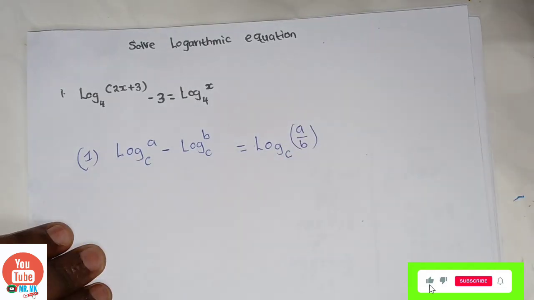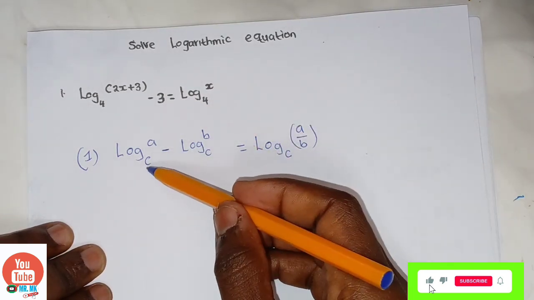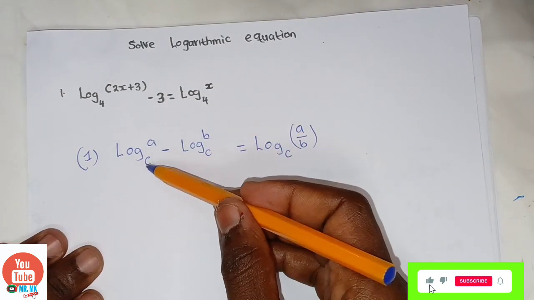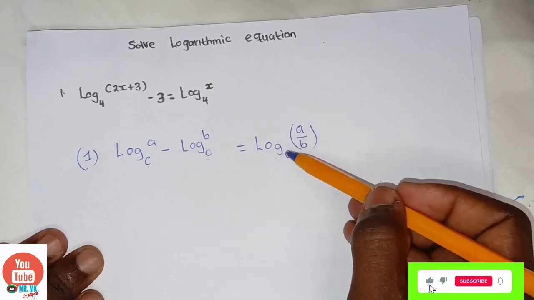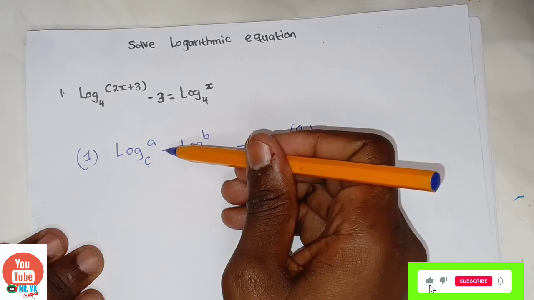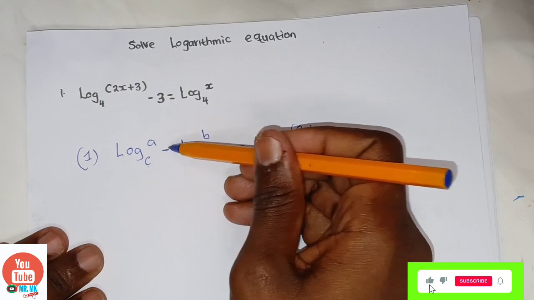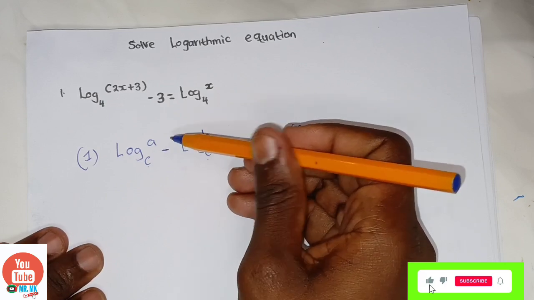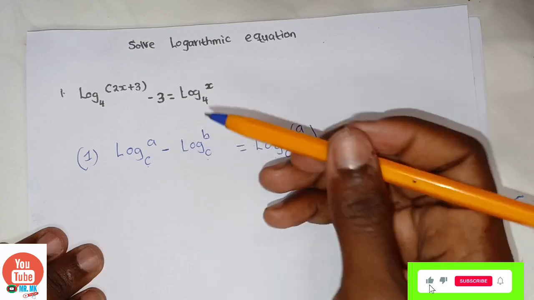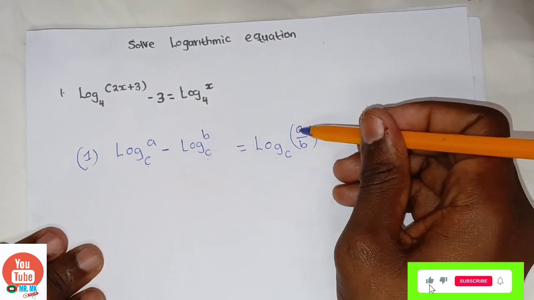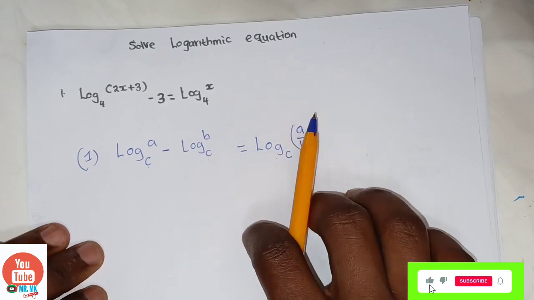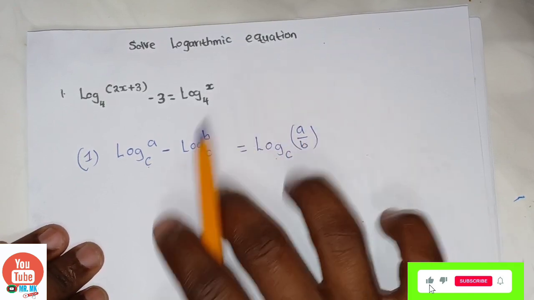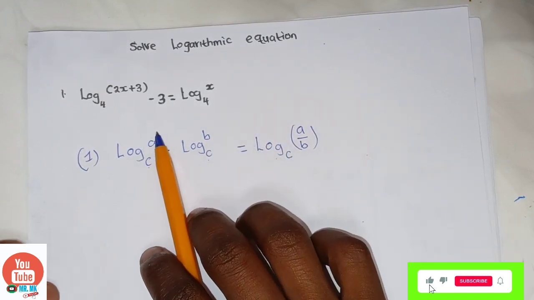Remember, if the bases are the same, maybe base 4, you just take one base, and in between you have a negative. According to the indices, a negative changes to a division. That is why I say a over b. That was the first property that you need to understand before you do this question.